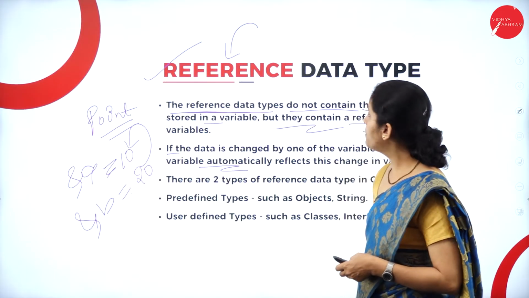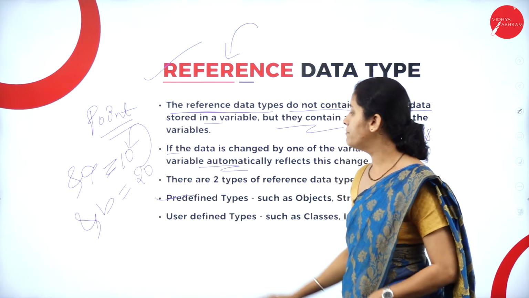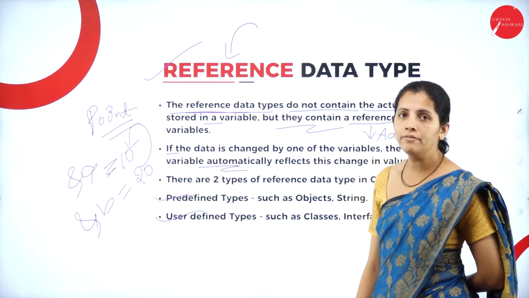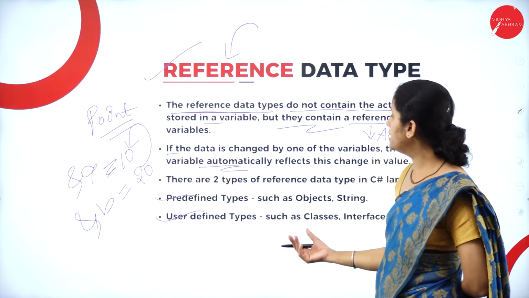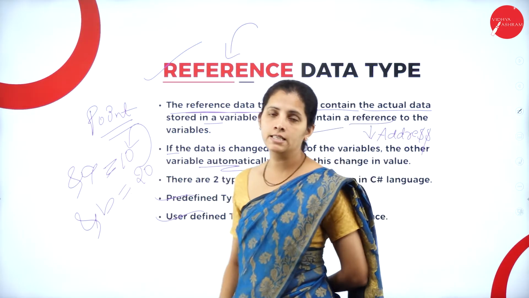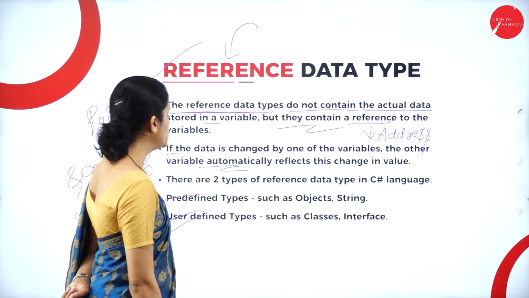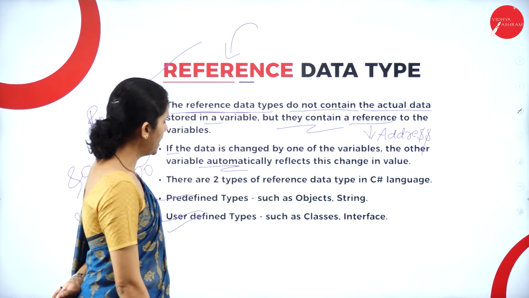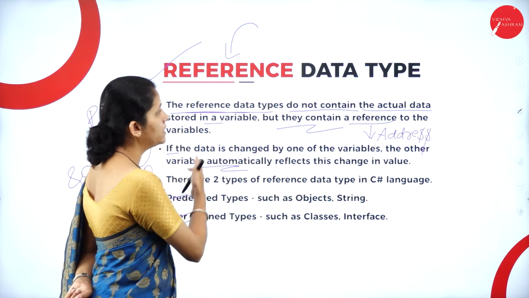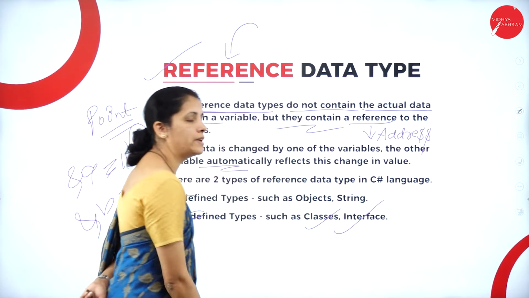So there are two types of reference data types, that is predefined type and user-defined type. Predefined means what? It is a built-in reference data type, for example, objects and strings. Now, if I go with user-defined data types, then users can create their own reference data types, for example, classes and interfaces.